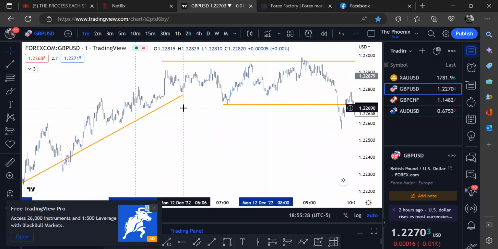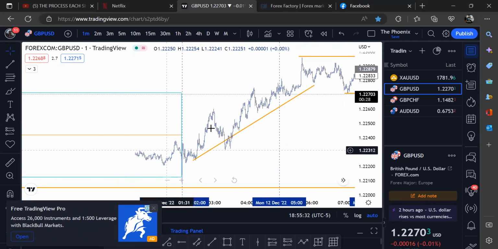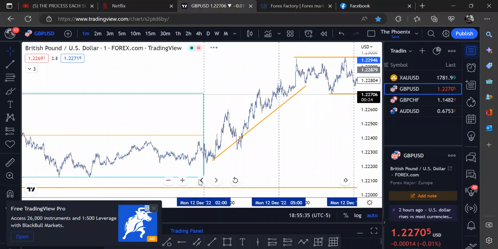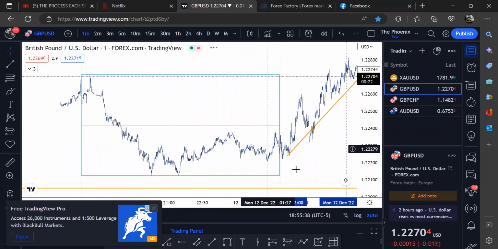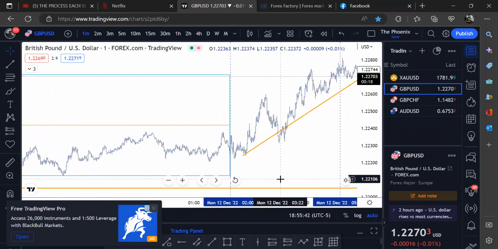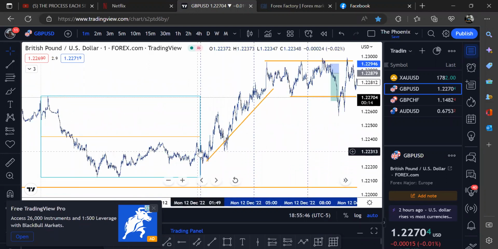So the idea, just to recap, if I'm trading London, I'm looking for the same thing. In this case, if I was trading London today, this first stop point here would have been a good sign. That would have been the first thing. I would have been immediately looking for a reversal pattern.